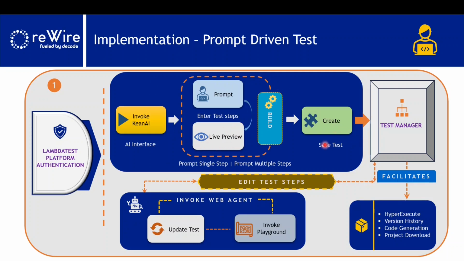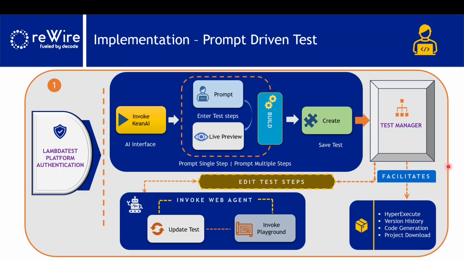Once everything is completed, you can save the test into the test manager. Once the test manager saves the particular test, you will land on edit test steps, where you can further modify. It invokes the web agent again, and it will allow you to update the test, and the same can be seen on the playground as well. This is the process in the prompt driven test.